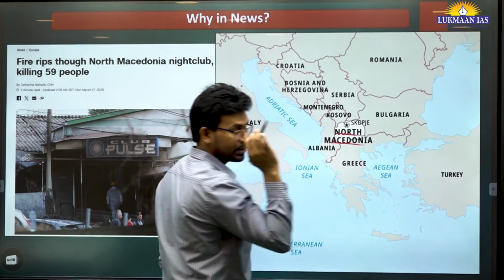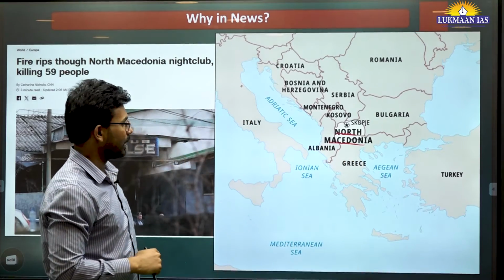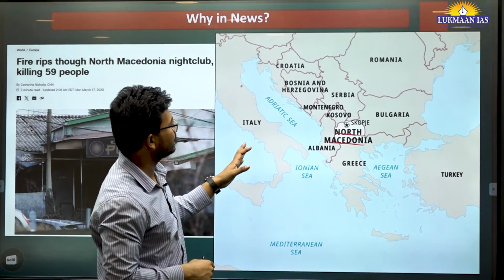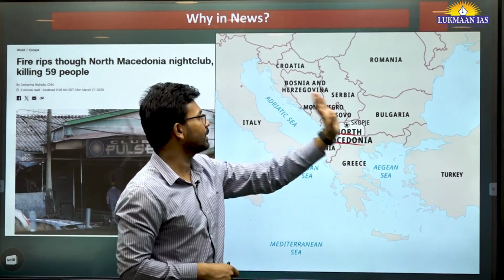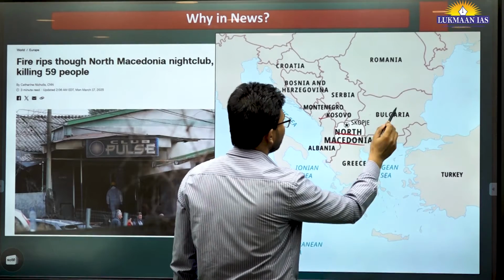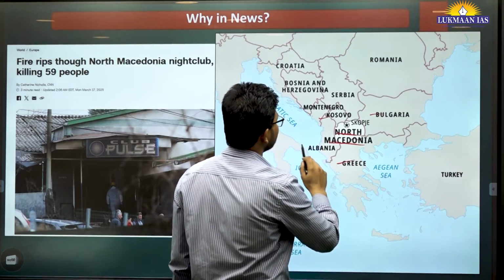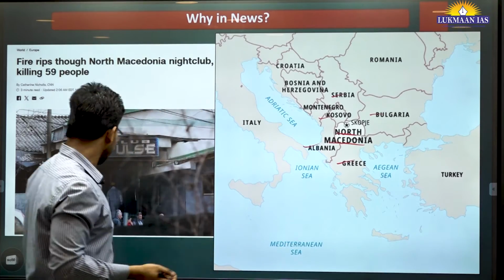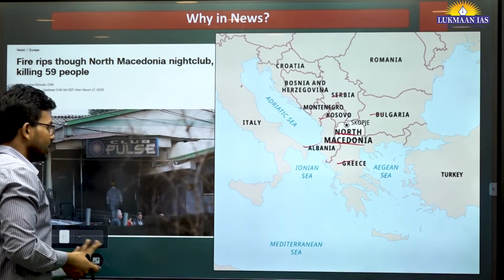If you have studied about Alexander the Great, you might have heard about Macedonia. Basically, it does not share a border with Ukraine. It does share borders with Kosovo, Bulgaria, Greece, Albania, Serbia, like that. But it does not share a border with Ukraine.